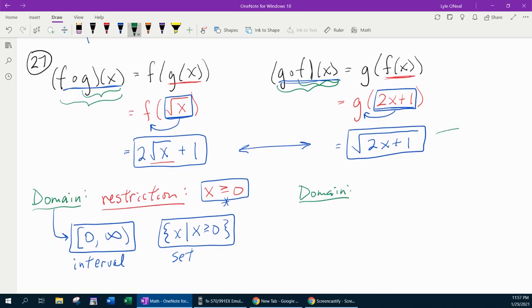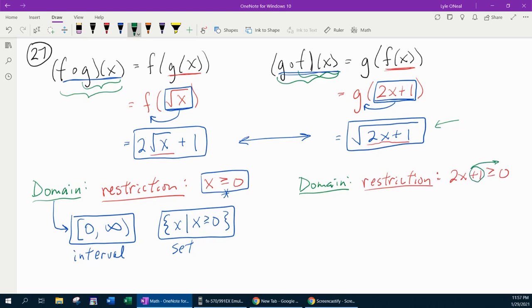If we look at the composition, remember just a second ago I said that if you have a square root, the radicand has to be greater than or equal to 0. So here the restriction is 2x plus 1 has to be greater than or equal to 0. And we're going to need to solve that for x to find out what x has to be.